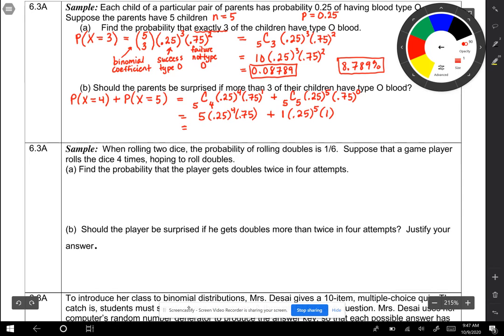So for the first expression, you get 0.01465. The second one is 0.00098. When I added them together, I got 0.0156, or 1.56%.